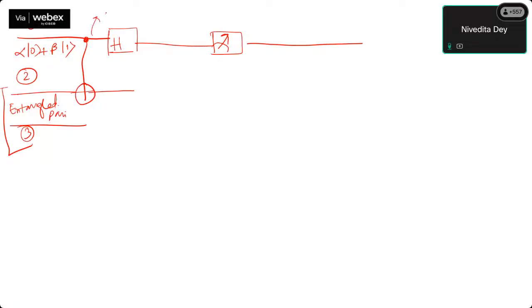So this is a CNOT gate. And this is another measurement.